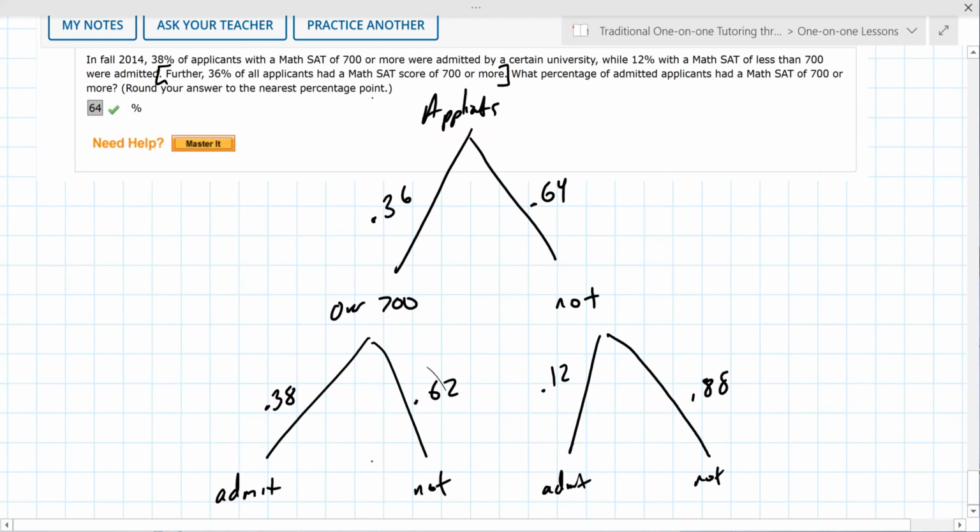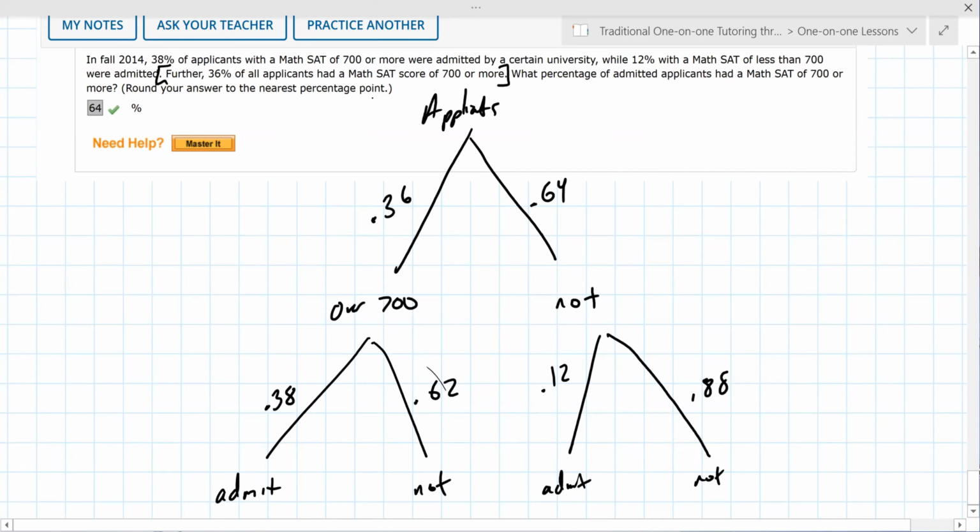And then you got to the next sentence that said, while 12% of math that were less than this, you would see that this was disjointed from it and maybe have to go on to the second sentence. Like hopefully your first sentence is the first fork, but it doesn't have to be.